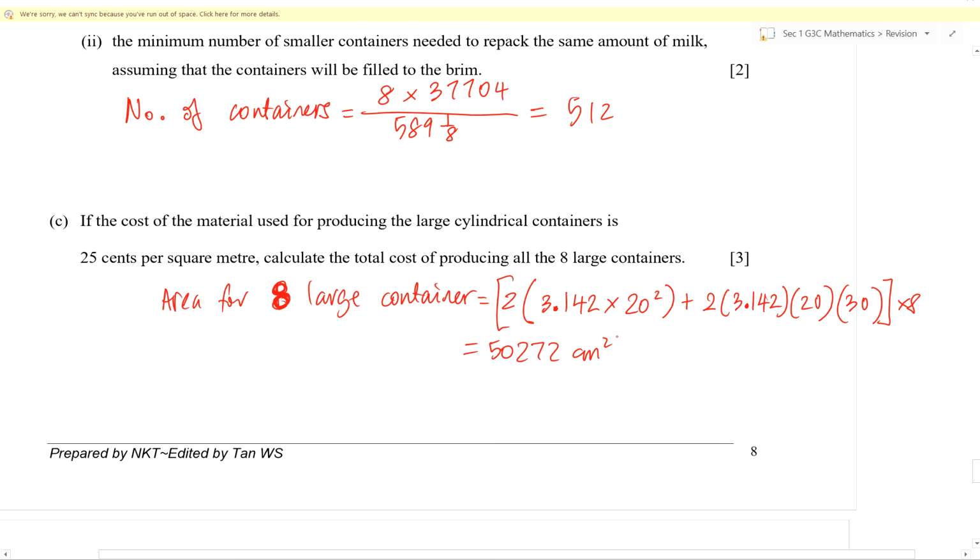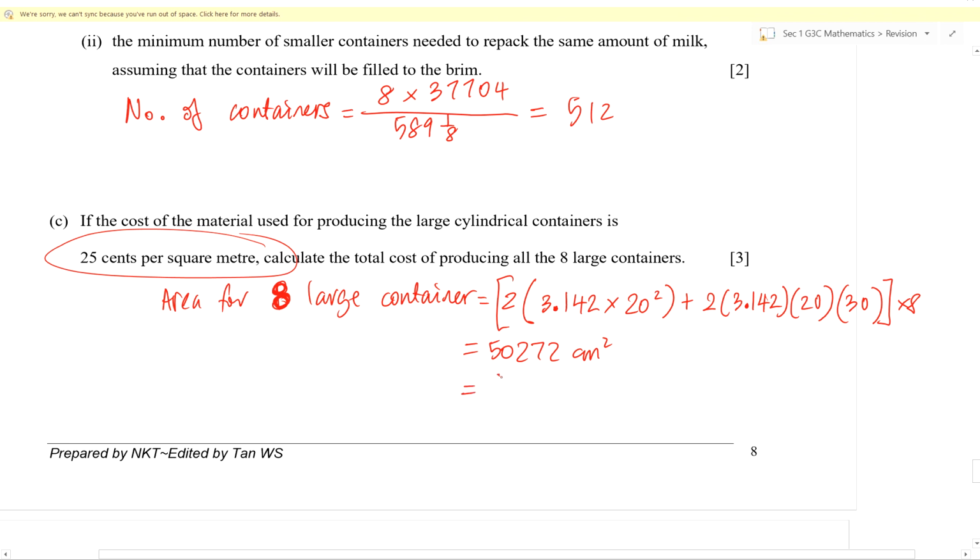But it costs 25 cents per square meter. I've got square centimeters now. Do you want to change this 25 cents per square meter to square centimeter, or should we change this to square meter? Change this to square meter, right? Okay, what is the conversion? Conversion to square meters.